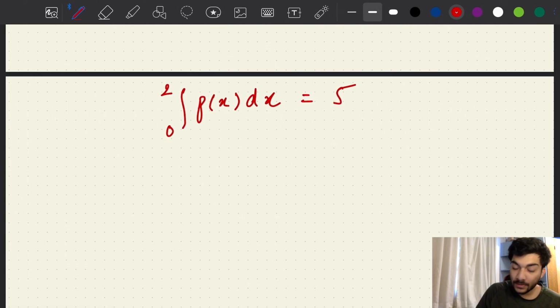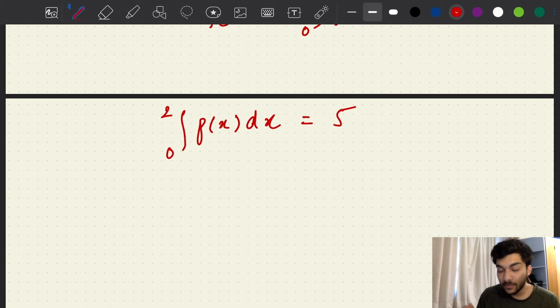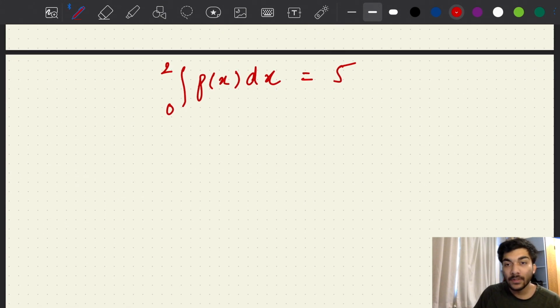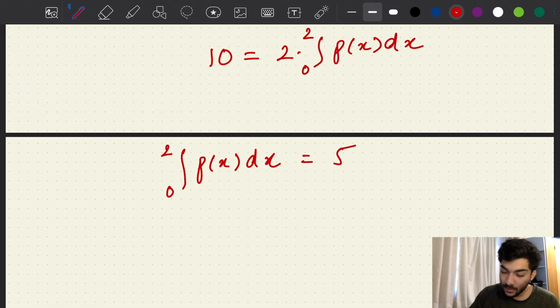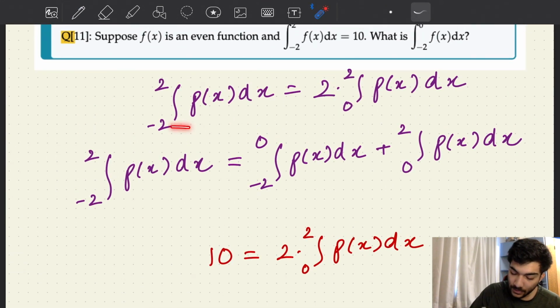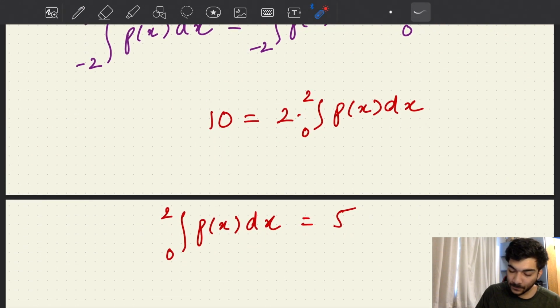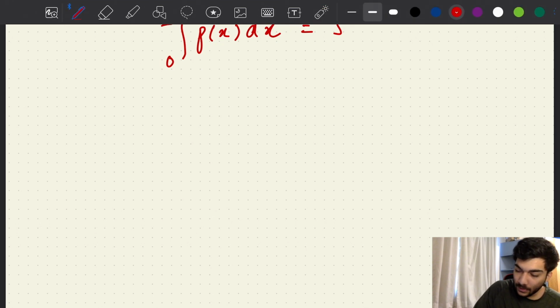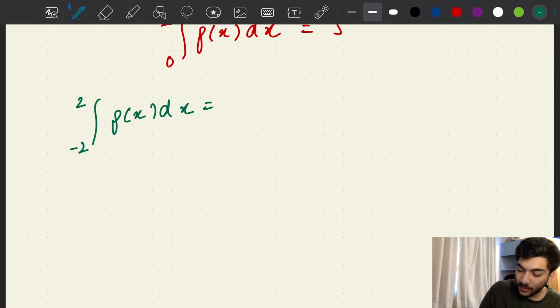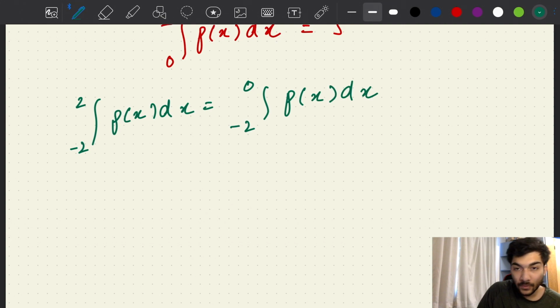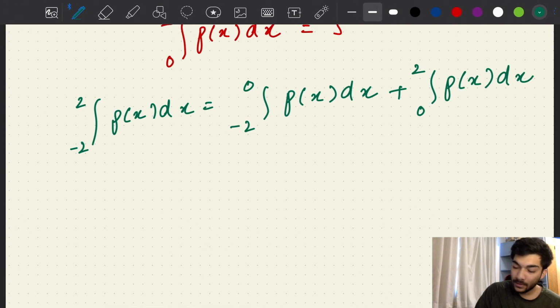Now, since I have to calculate the definite integral from -2 to 0, let's use the second property that we discussed. The definite integral from -2 to 2 of f(x) dx is equal to the definite integral from -2 to 0 of f(x) dx, which is the portion we have to calculate, plus the definite integral from 0 to 2 of f(x) dx.